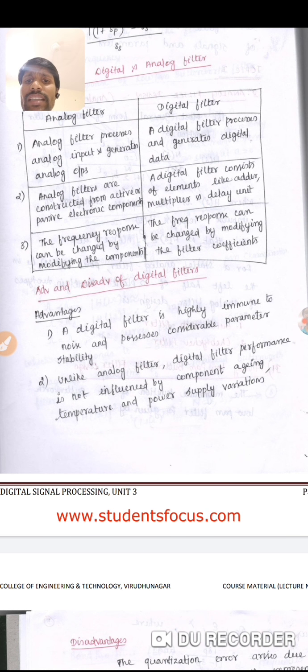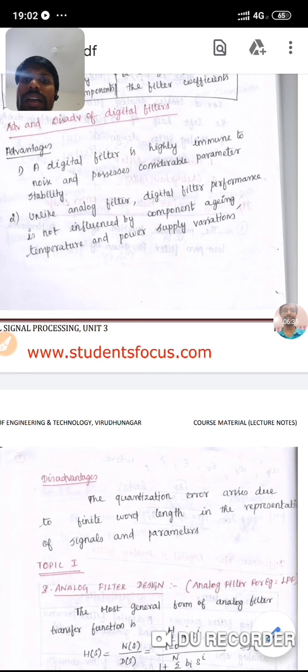And we shall see some of the advantages and disadvantages. Digital filters are highly immune to noise, and they have a high stability factor and considerable parameter stability. Whereas analog filters easily attract noise and have low stability.